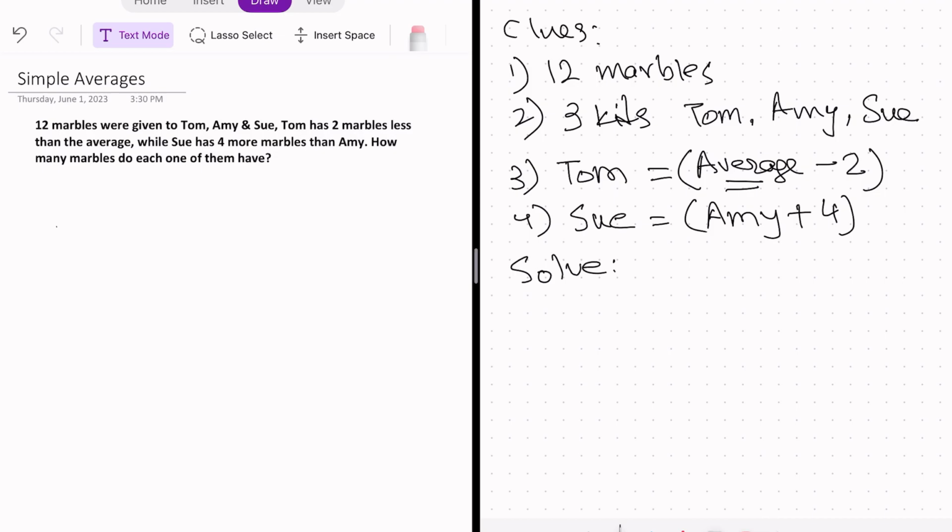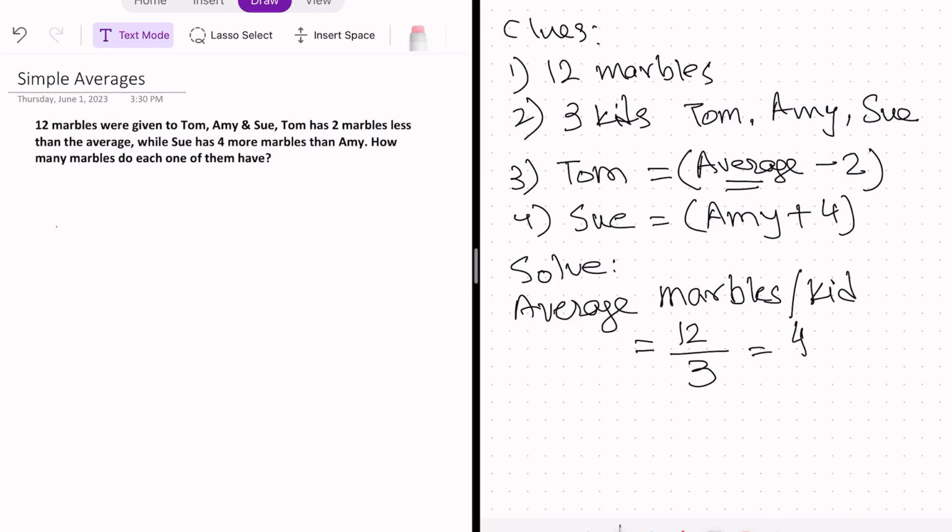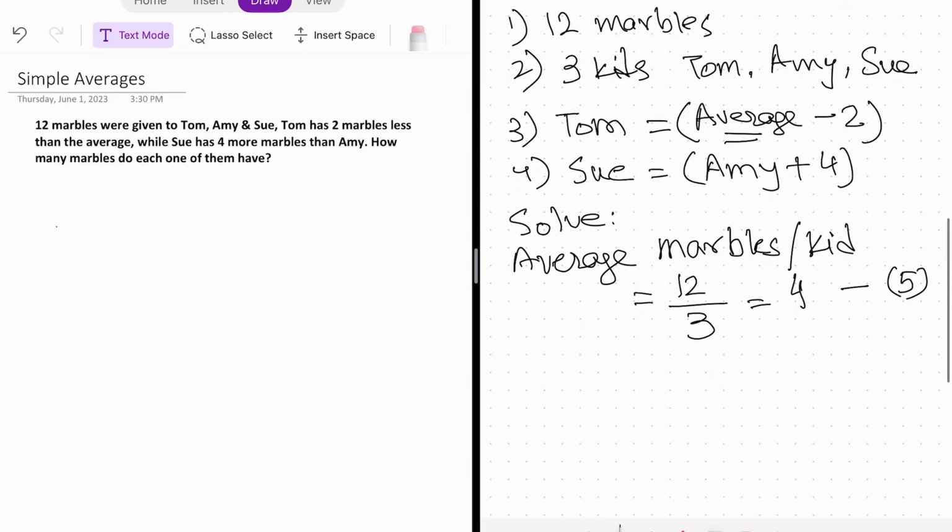So to begin solving, let's find out the average number of marbles for every kid, which is 12 marbles in total divided by 3 kids, which is 4. Right? Let's write that down as number 5.